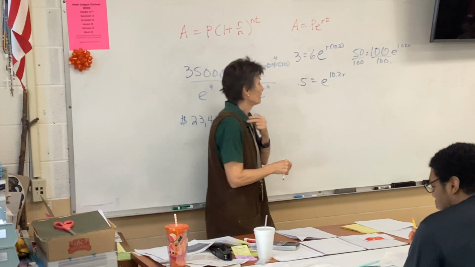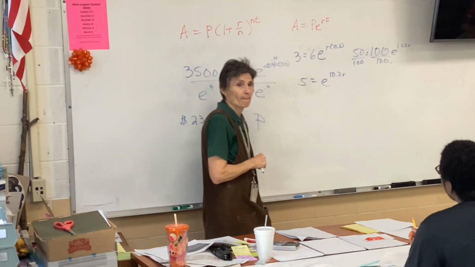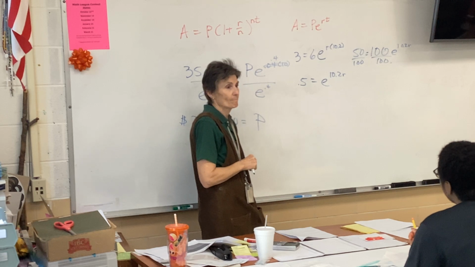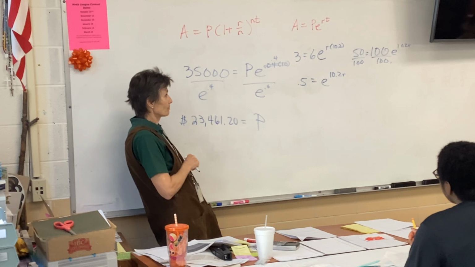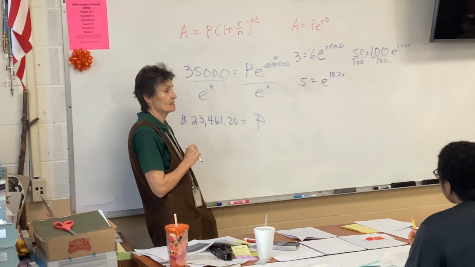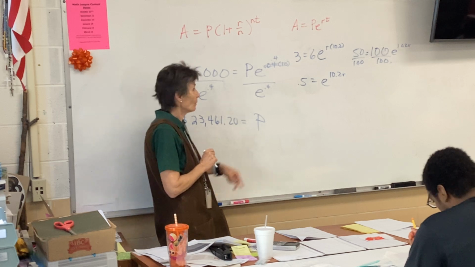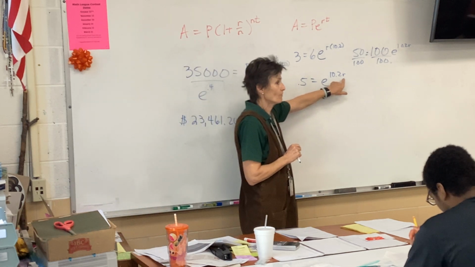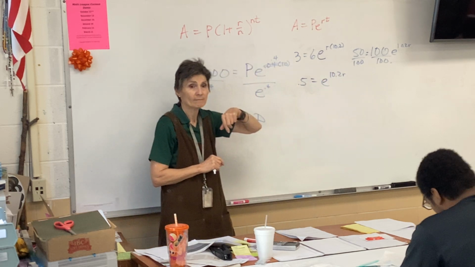So now here we are. What do I do now? No, I can't divide by e because it's hooked to an exponent variable. What do I do whenever I have to solve for a variable that's up there like that? I need logarithms, right?